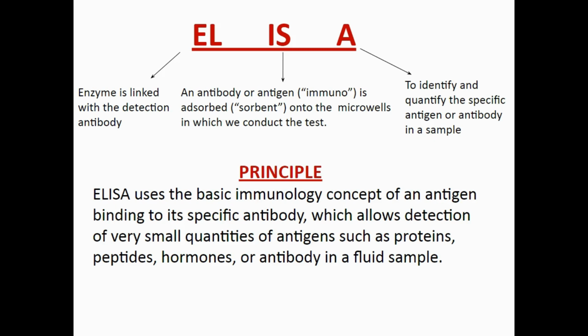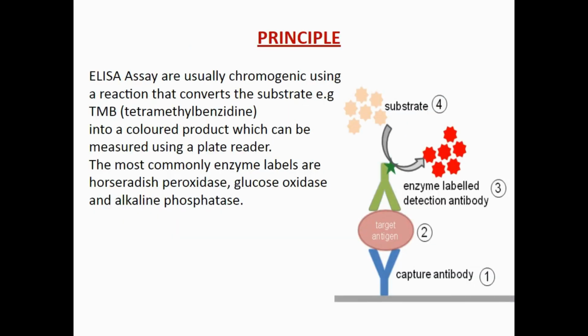So the principle of ELISA is that it uses the basic immunology concept of an antigen binding to its specific antibody, which allows detection of very small quantities of antigens, such as proteins, peptides, hormones, or antibody in a fluid sample. ELISA assays are usually chromogenic, using a reaction that converts the substrate, for example tetramethylbenzidine, into a colored product which can be measured using a plate reader.